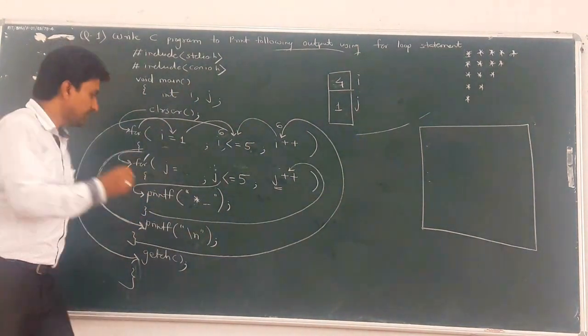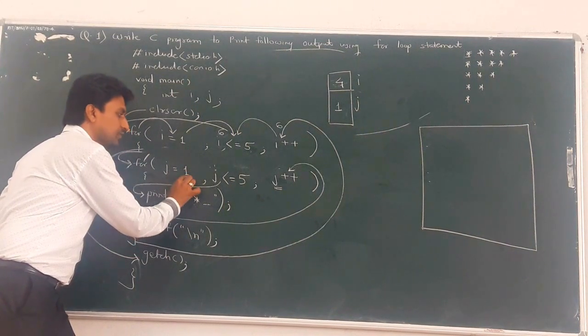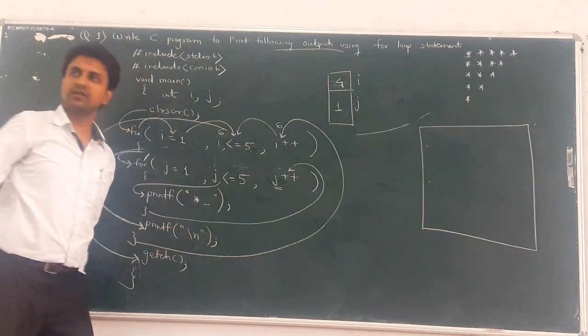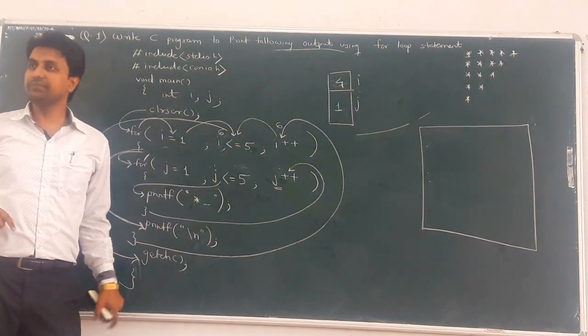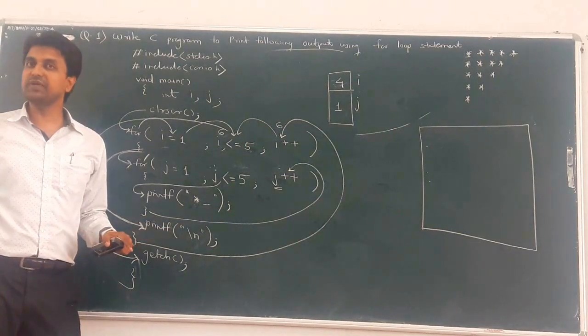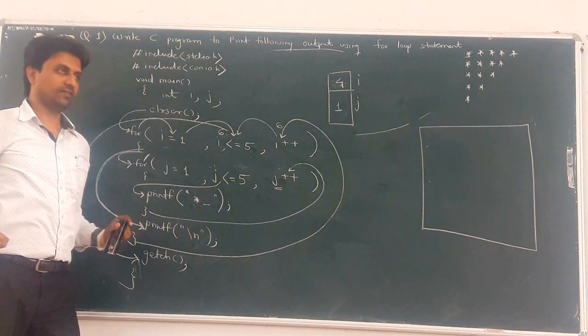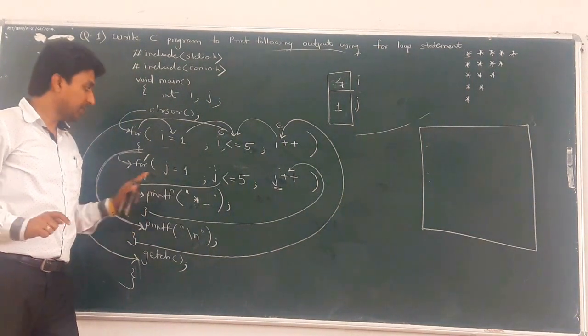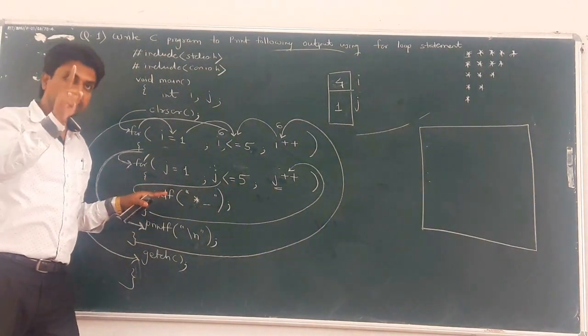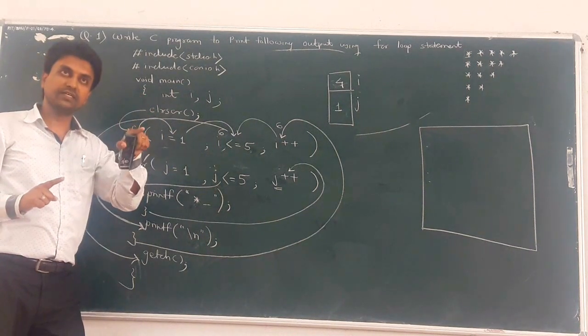But if I write only 1 here, j equal to 1, then from 1 to 5 every row prints 5 stars, and it becomes a rectangle of stars.